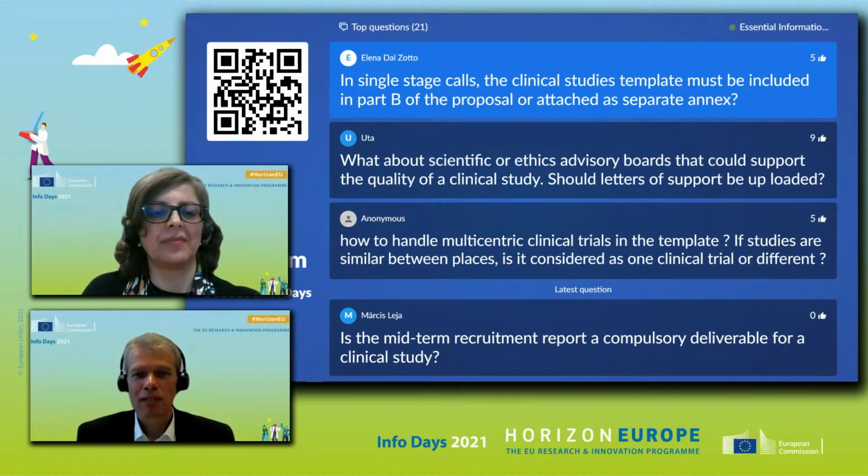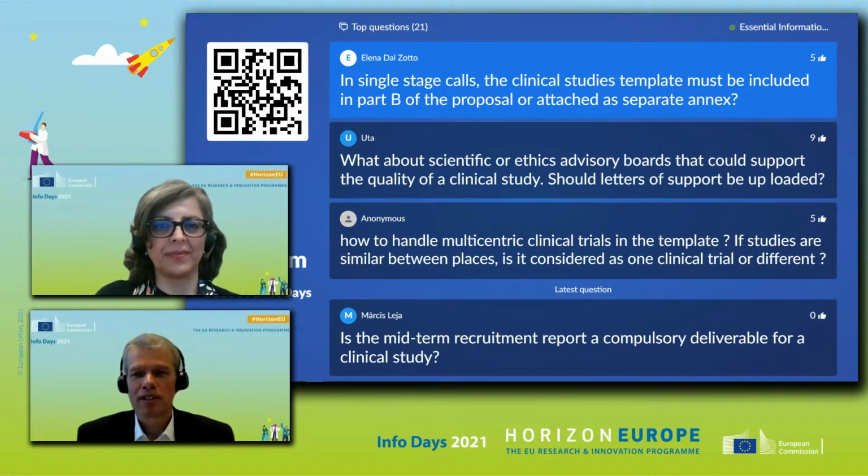So again, the template is very relevant at all stages of your scientific idea being formulated into a clinical study. Please fill in all the sections.